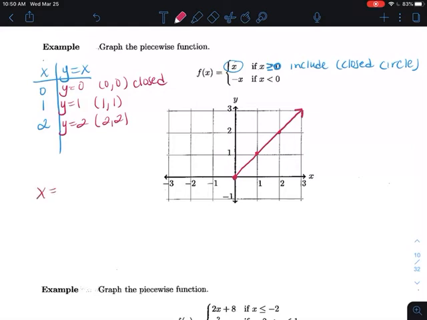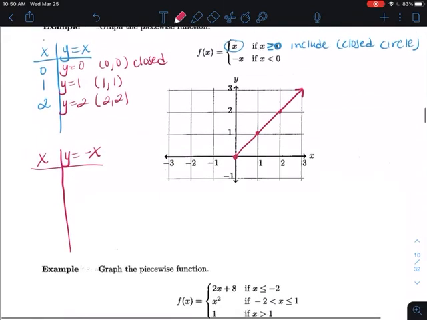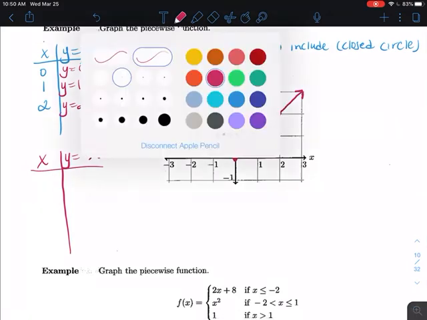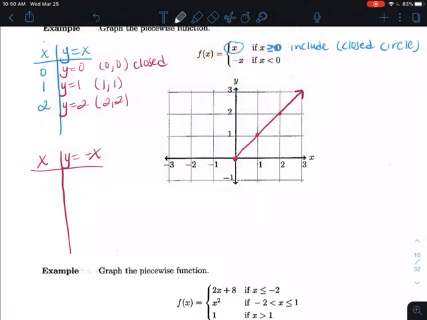Then I'm going to do negative x now. All right, so that's y equals negative x. So here's my other table. So y equals negative x. So here, x is less than 0. You still start at 0. But then you use values less than 0. So negative 1 and negative 2. Just use a few points.